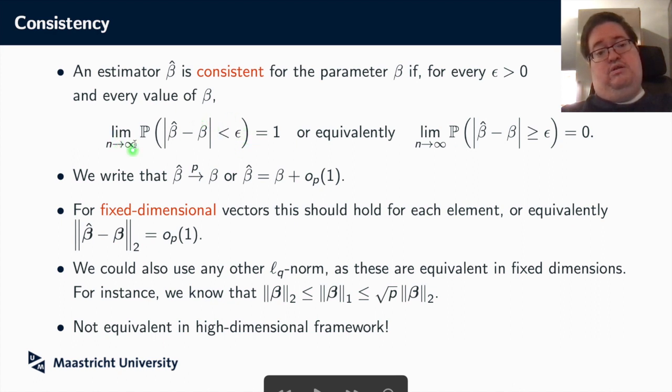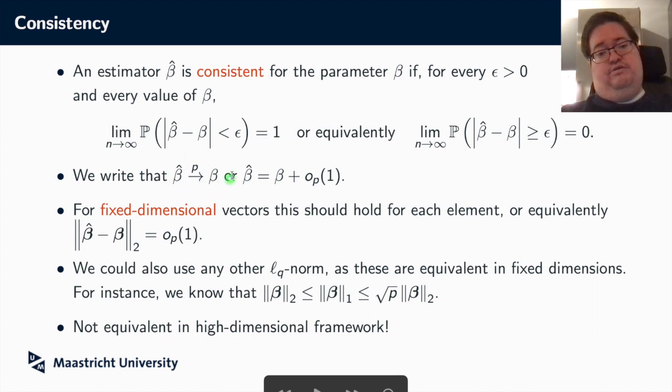If you let n go to infinity, beta hat will go closer and closer to beta, such that the probability that the distance is smaller than epsilon will always be 1 in the limit, for any epsilon, no matter how small we take it. Or, equivalently, the probability that the distance is larger than epsilon goes to 0.